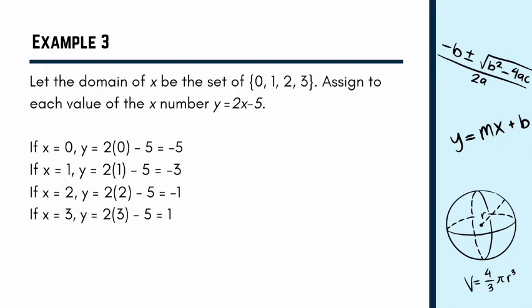So what we see in example number 3 is that the set of inputs has only one output each.